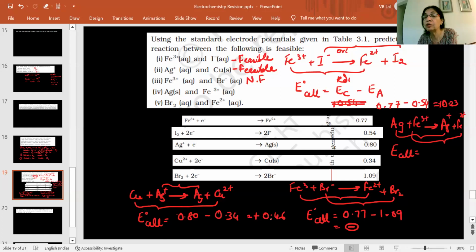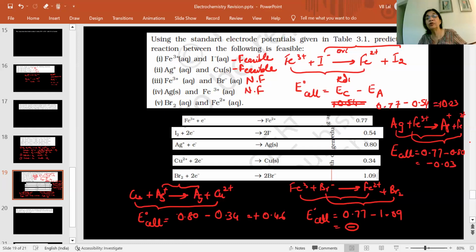What is cathode? Where reduction is taking place. So that is 0.77 minus, this is oxidation, that is 0.80. So this will be minus 0.03. So that will also be not feasible.